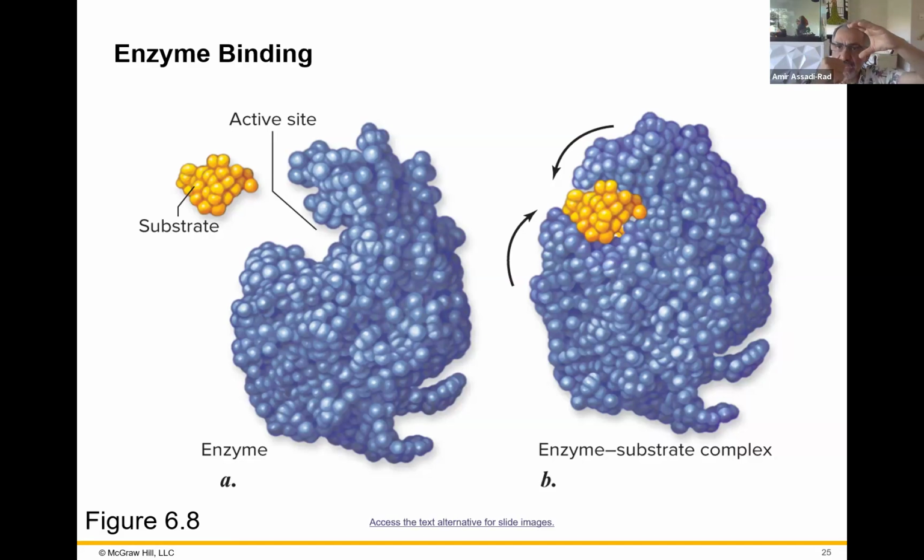And then when the substrate goes into the active site, the shape of the enzyme changes. The enzyme is like this. When the substrate goes in here, the shape changes. Look, this shape is not the same as this shape. Different.